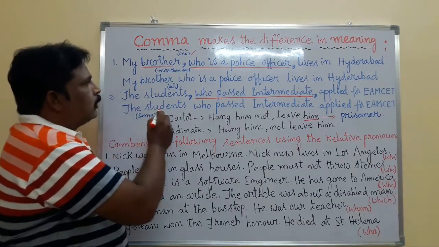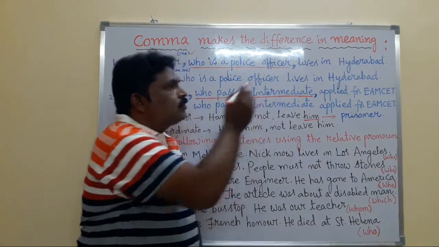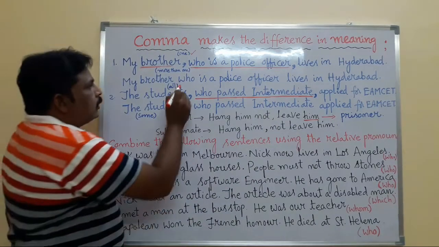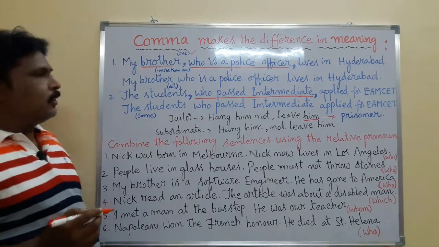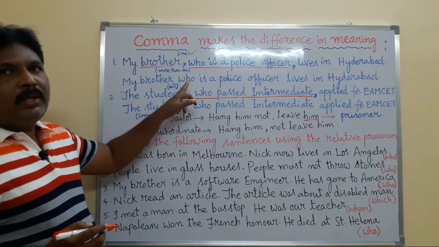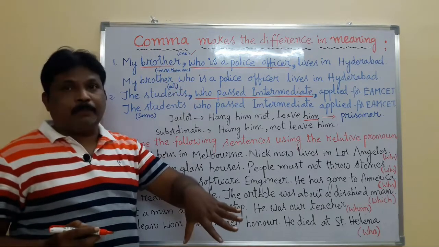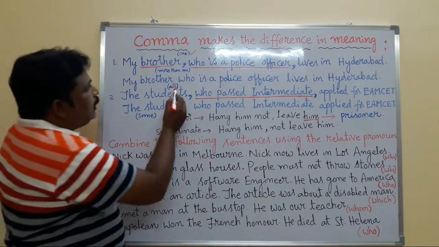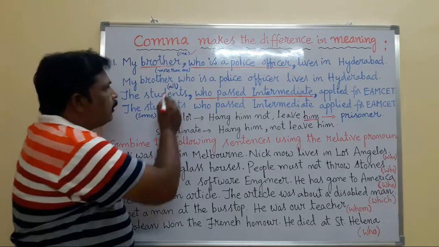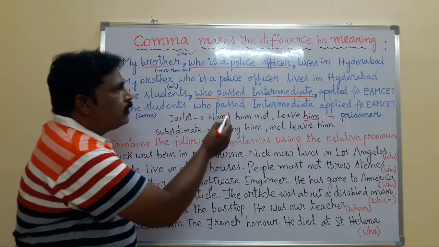Now coming to the next sentence. My brother who is a police officer lives in Hyderabad. Here this clause is not separated by commas. It is called a defining relative clause, but it has its own meaning, which is different from the non-defining relative clause. The meaning of the sentence is, my brother who is a police officer.